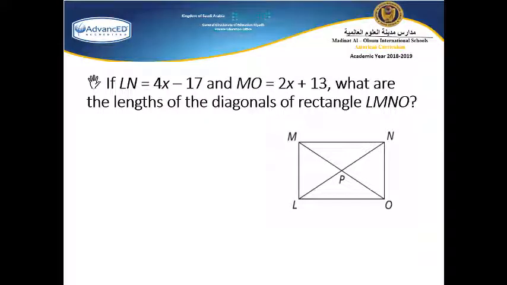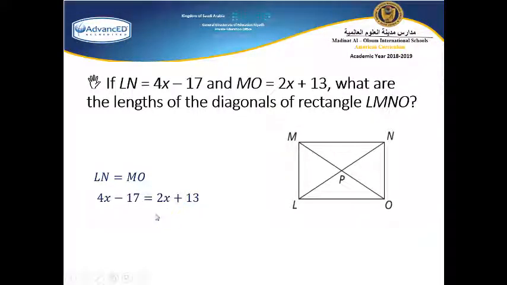Next question. If LN equals 4x minus 17 and MO equals 2x plus 13, what are the lengths of the diagonals of rectangle LMNO? We said that the two diagonals are congruent. Then LN equals MO, then 4x minus 17 equals 2x plus 13.